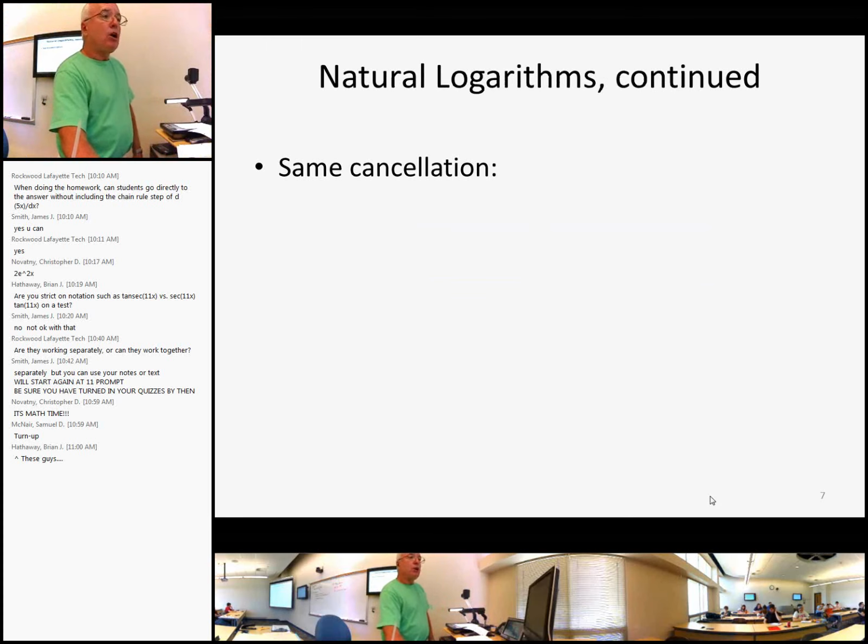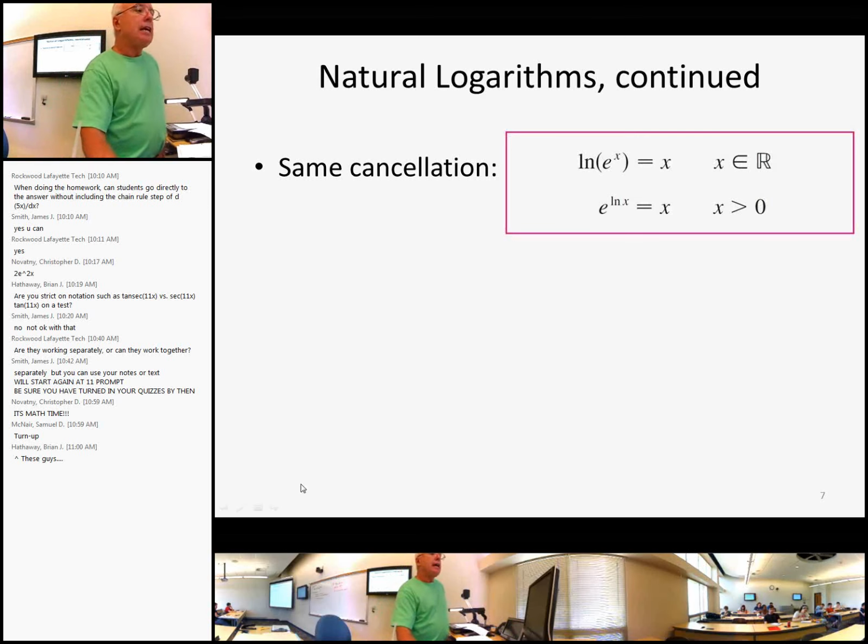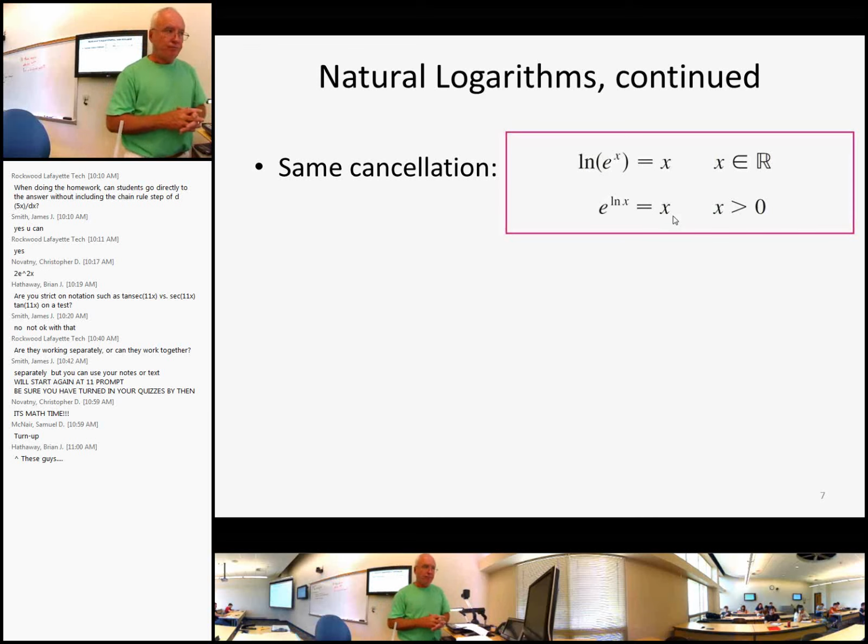Because they're inverses, we have the very same cancellation. When we take the natural log of e to the x, we just come back to x. When we take e, raise it to the natural log of x power, we just come back to x. They cancel each other out.